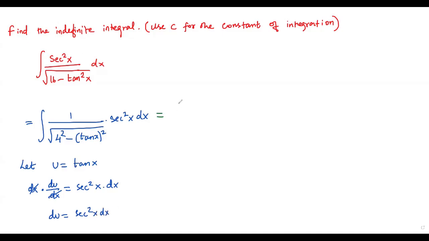So that is integral 1 over square root of 4 square negative, for this tangent x we can substitute the new variable u. Then you'll be getting u square, times, for this secant square x dx, we can substitute du. Now let me consider the formula in integration. That is, integral 1 over square root of a square negative x square dx.